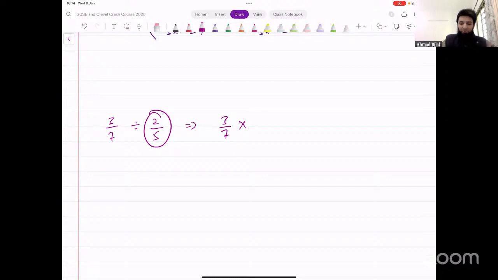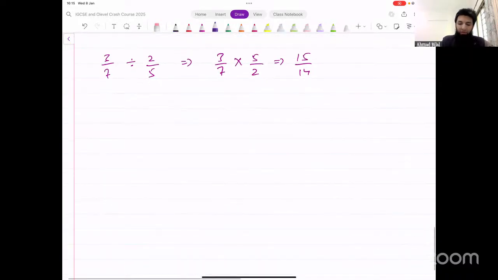So 2 over 5, you will write that as 5 over 2. And that is going to give you the result, which is 15 over 14. Okay, so if you're dividing two fractions, you change the division to multiplication, but then you have to change it to the reciprocal. And then you can multiply the numerator with numerator and denominator with denominator, and you get a result.